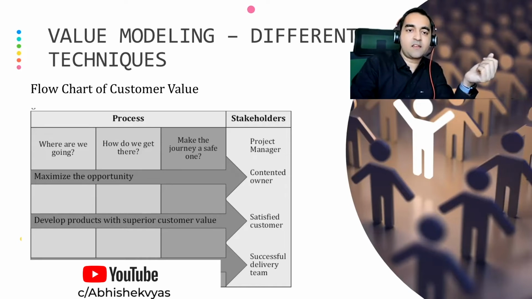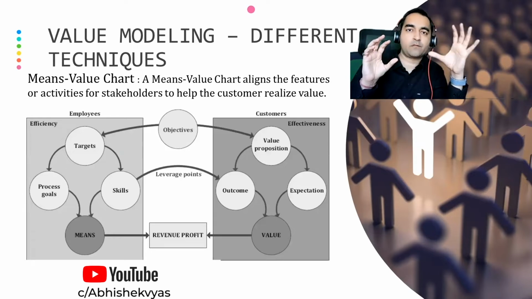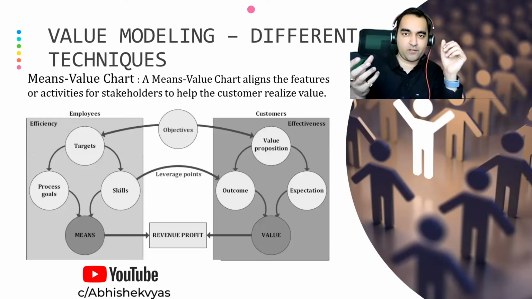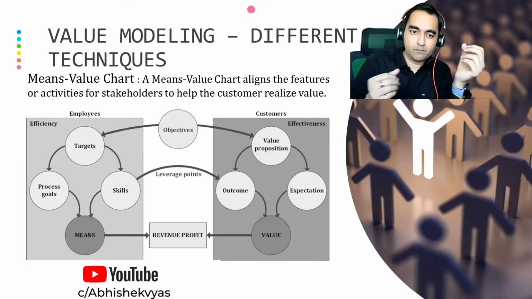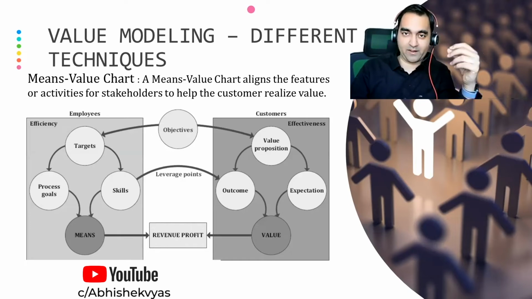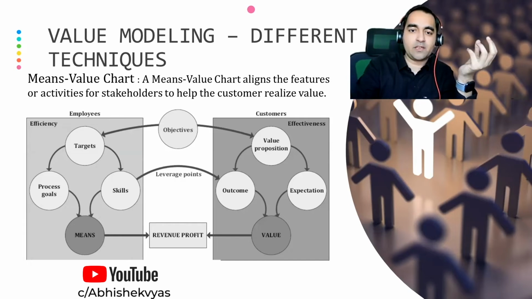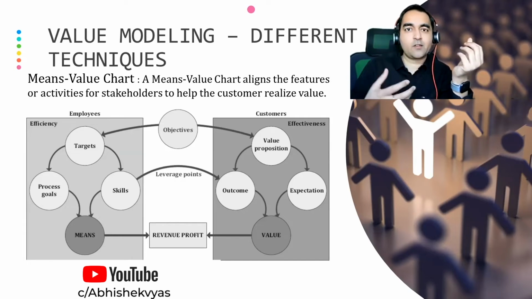The next technique is means value chart. This talks about the simple principle of deriving a value, which is nothing but benefit minus cost. So benefit can also be looked at as value and cost as means. Suppose a company or a startup has employees and is creating a product, and on the right hand side you can see customers.